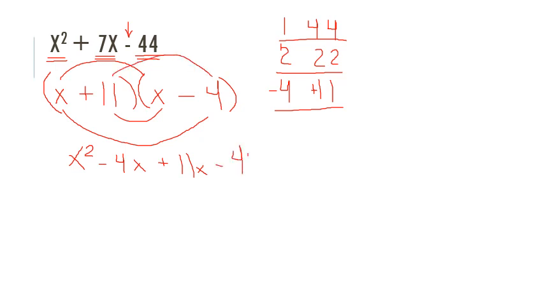So I'm just checking. I set it up so that x squared would be a product and negative 44 would be a product. The real check is to make sure that the middle term turns out correct. Negative 4x plus 11x really does turn out to be plus 7x. So this is the correct factorization.